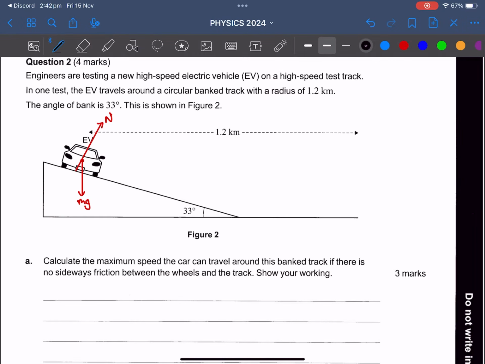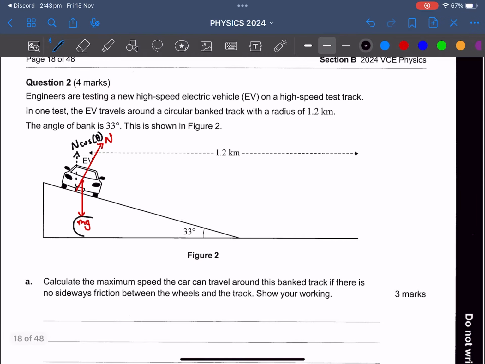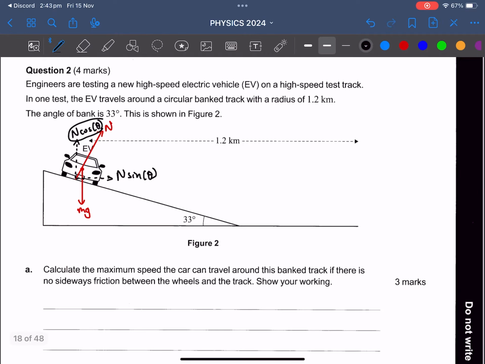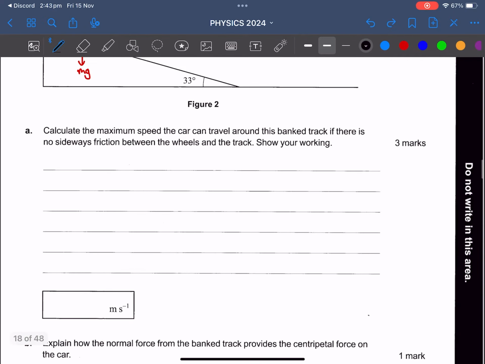So that means that this component of the normal force, n cosine theta, is responsible for cancelling out the gravity, and the other one, which is the centripetal force, like this, is the n sine theta. So here n cosine theta will cancel out with mg, and our n sine theta will become our centripetal force. So based on that, we can write these expressions down.